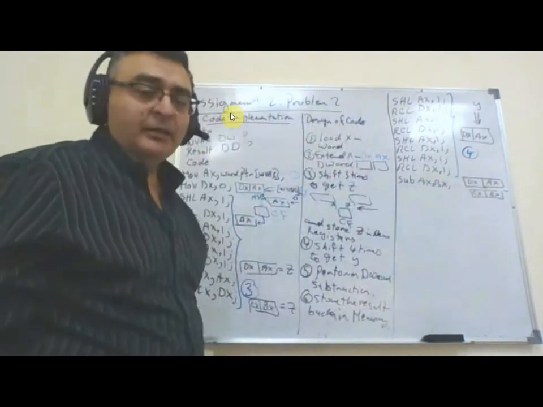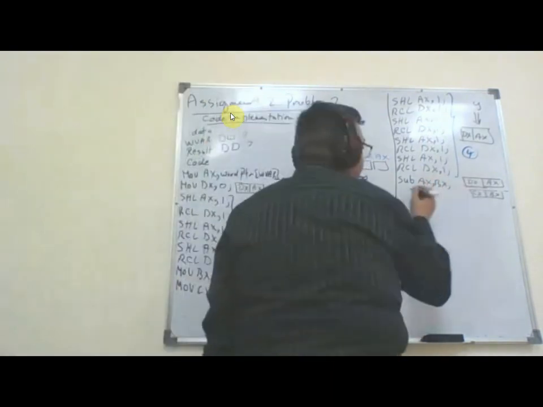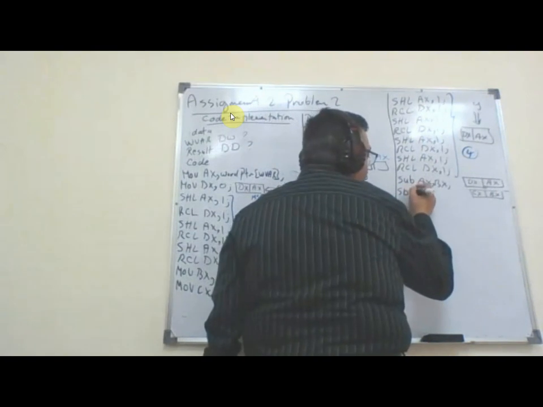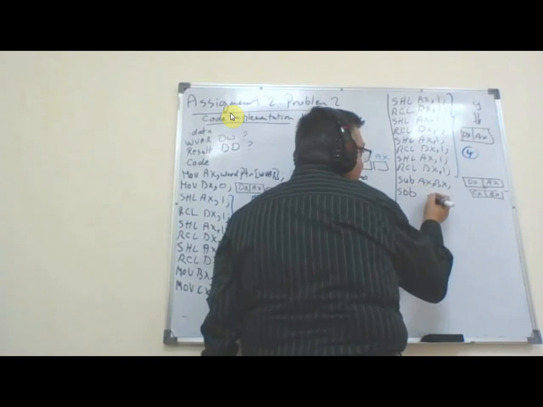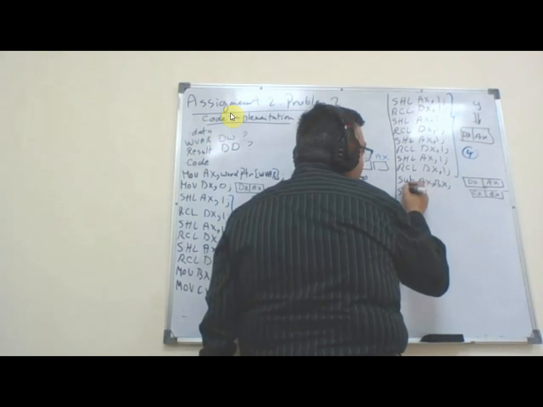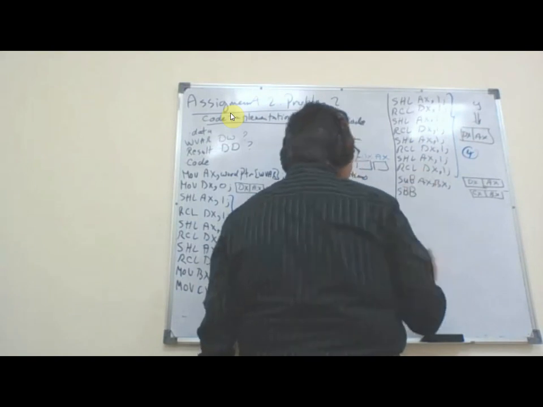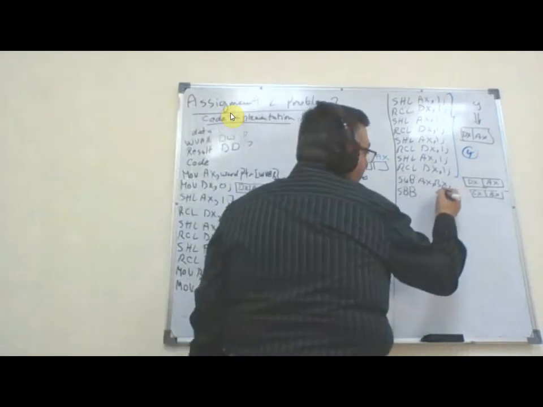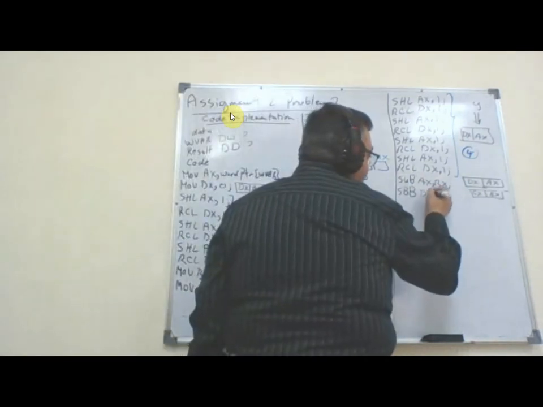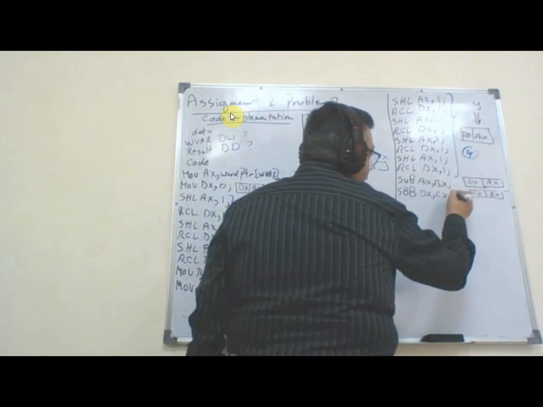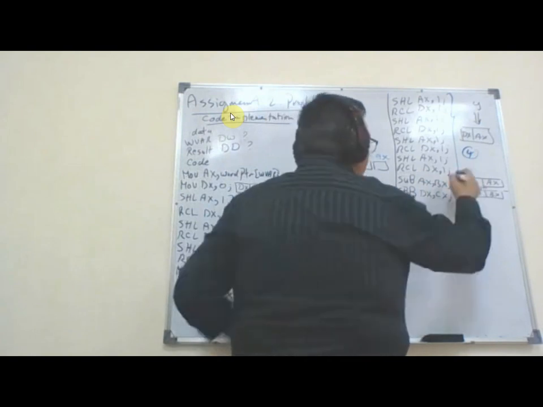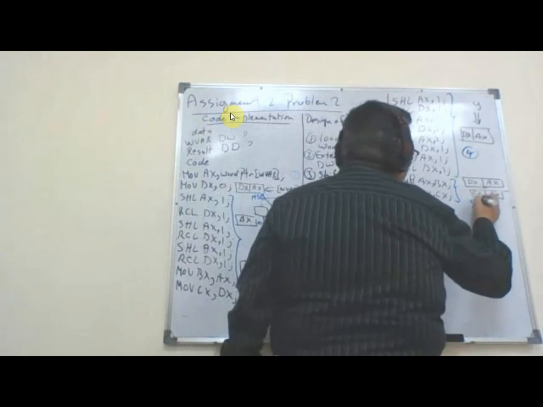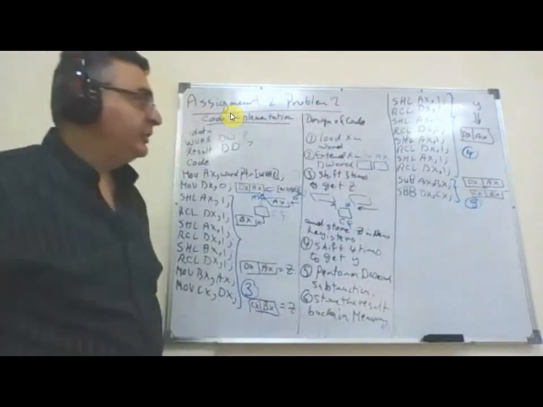This subtraction may end up with a borrow. So for the next operation, I have to use SBB, subtract with borrow, let's put it in capital letters. So SBB between DX and CX. Those two instructions perform step number 5, which is a double word subtraction.